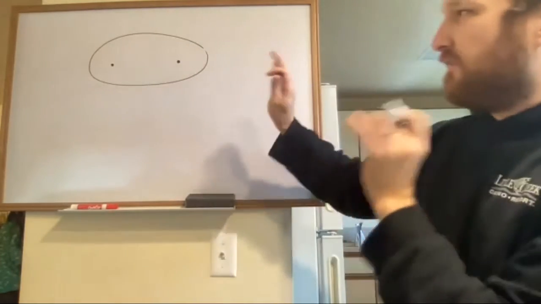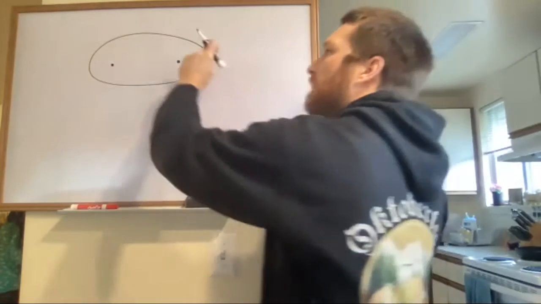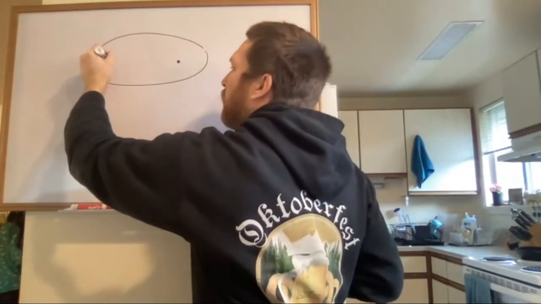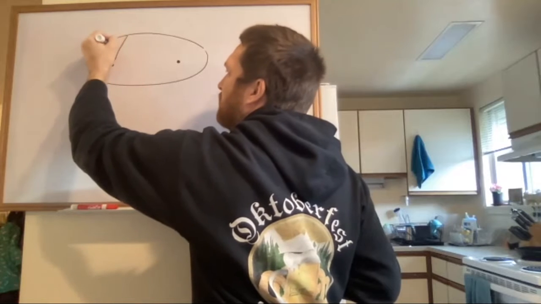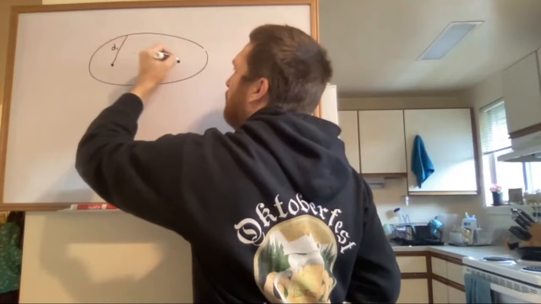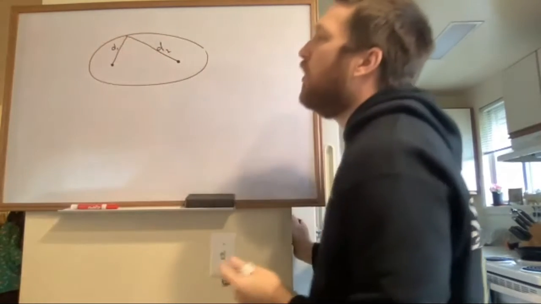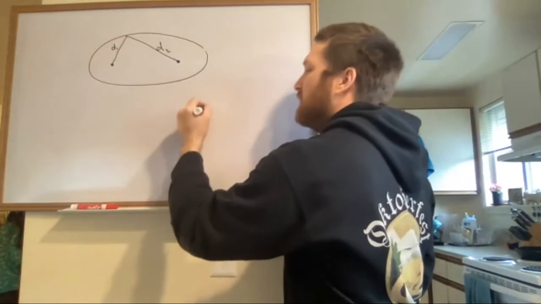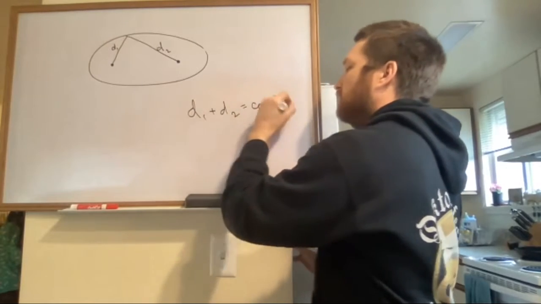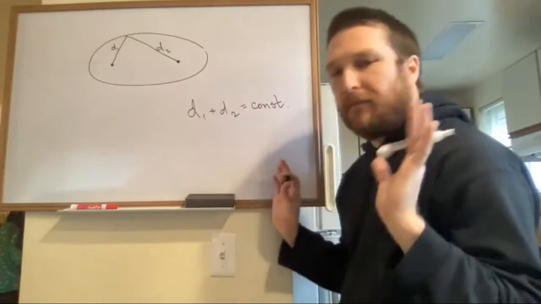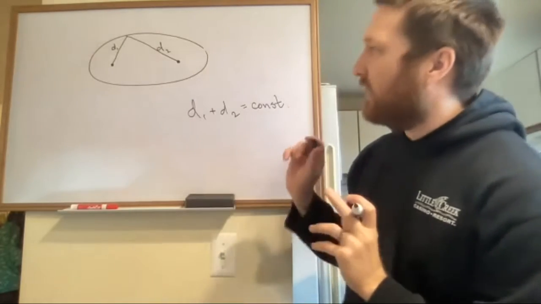And we could define this thing as the object you get where the distance from one focus, we'll call that distance 1, and the distance to the other focus, we'll call that distance 2, where the sum of those, distance 1 plus distance 2, is constant. This is not going to come into play with anything we do with this analytically. This is just one way of defining it.